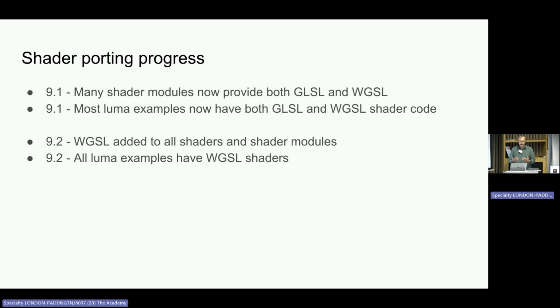So there's a ton of shaders in Luma, and of course there are even more in DeckGL. Each layer has its pair of shaders, and there are all the extensions that have shaders and so on. Overall, between Luma and DeckGL, we have hundreds of shaders. Transitioning all those shaders, which in the current strategy means creating a WGSL version for every shader module, every layer, and so on, is what we mean when we talk about porting shaders.